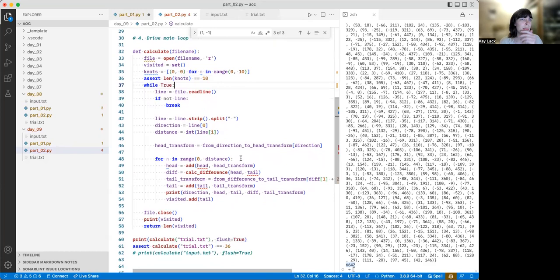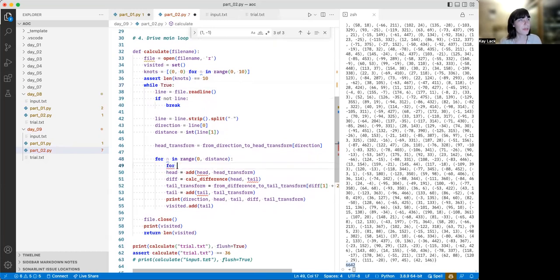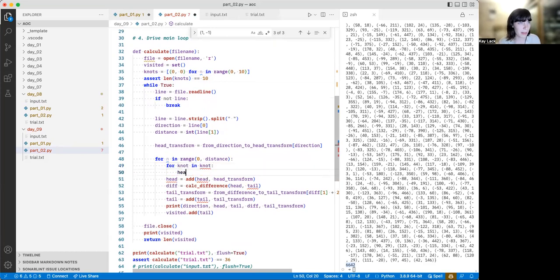And then in here, we're going for knot in range 0 to the length of the knot, which is going to be 0 to 10 knots. I know there's a better way of doing that. Just don't want to organize it right now.